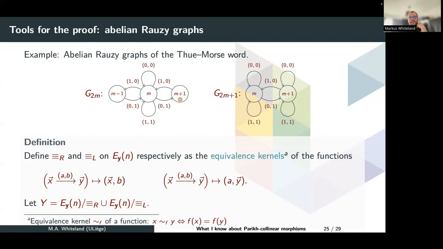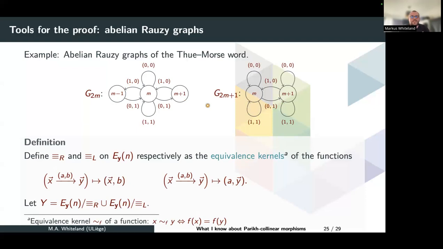Recall that for even lengths, the abelian complexity of the Thue-Morse word is 3. And you'll have these relations. This is regardless of m, you're assuming that m is at least 1. And for odd lengths, you'll have 2 abelian equivalence classes. So the abelian Rauzy graphs will have 2 vertices, and the transitions will always look like this.